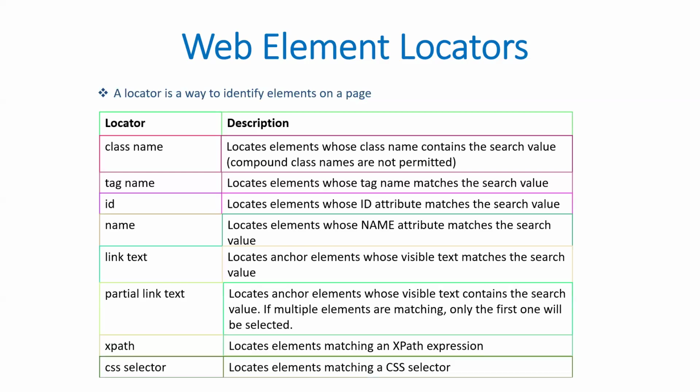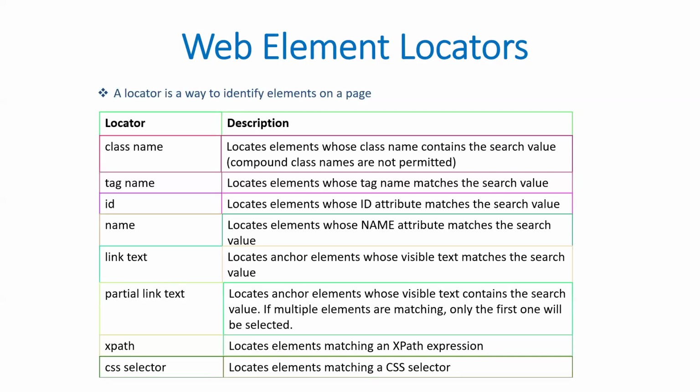Okay. And CSS selector. What is CSS? It is the language used to define the web page style, the web elements' style. In the CSS file, they define some selectors. So using those selectors, we can identify web elements in Selenium WebDriver.